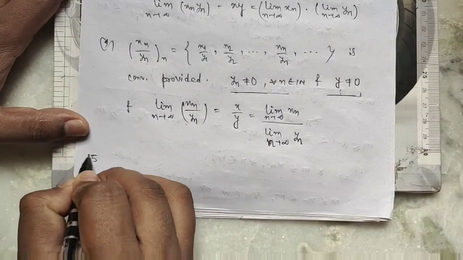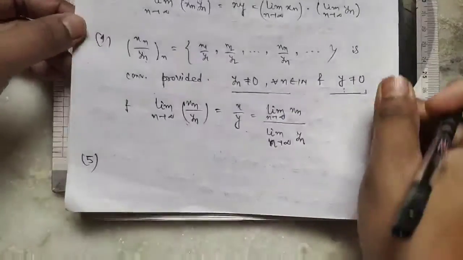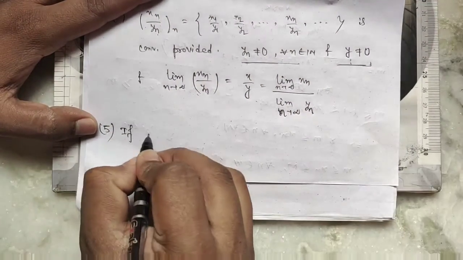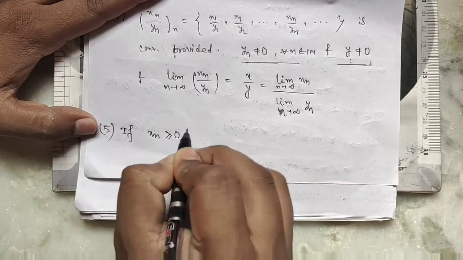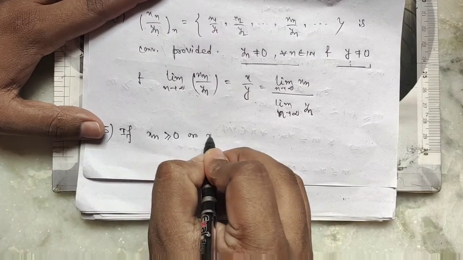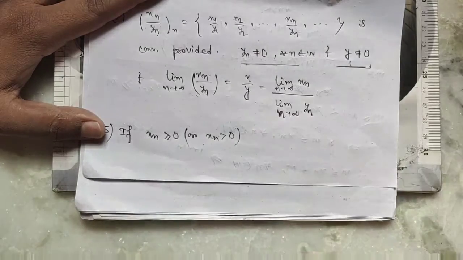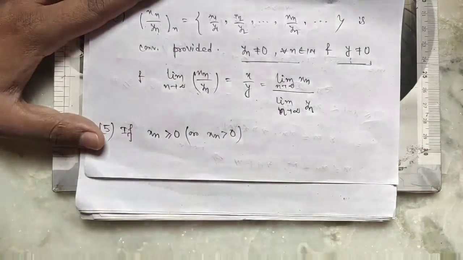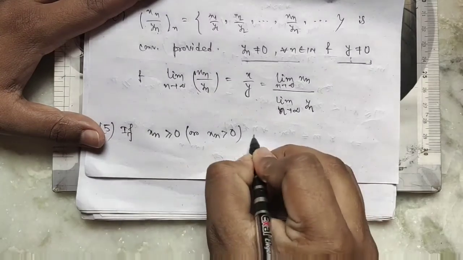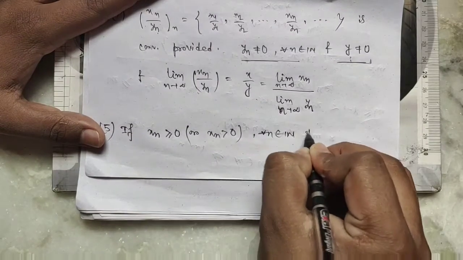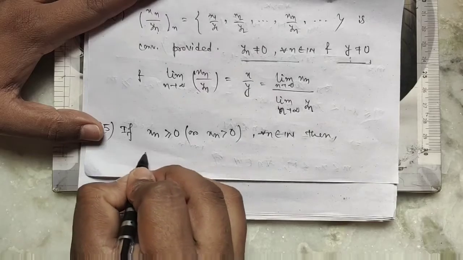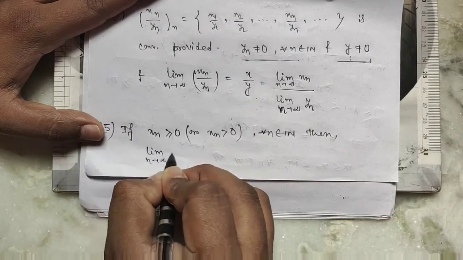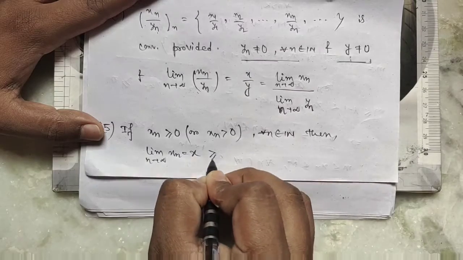Next, 5. If xn is greater than or equal to 0, or maybe greater than 0, for all n, then the limit of xn, that is x, limit n tends to infinity xn, is also greater than or equal to 0.